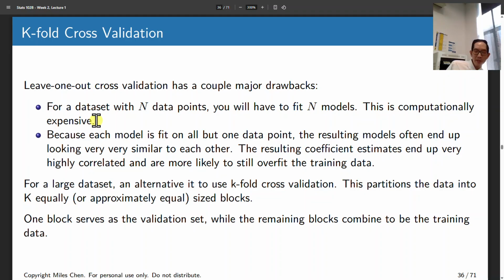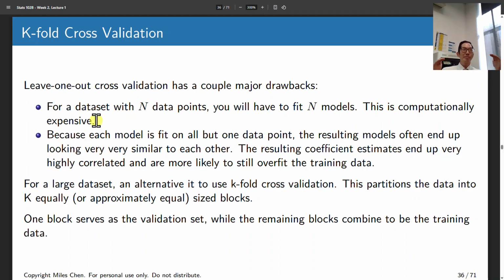And then the other thing is that basically every model that you fit is going to be almost exactly the same as the other models, okay? Just ever so slightly different, because if you have 1 million data points, you're fitting a model to 999,999 points, and then you fit it again to 999,999 data points, of which 999,998 of them are exactly the same. Basically, just one of them is different.